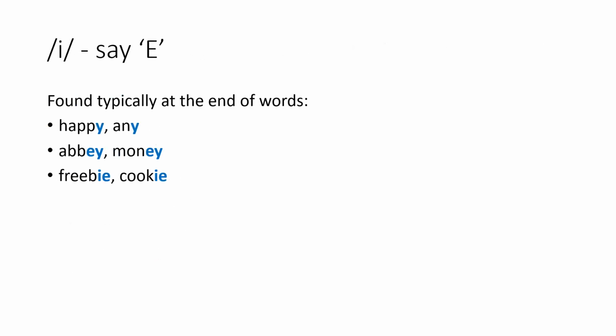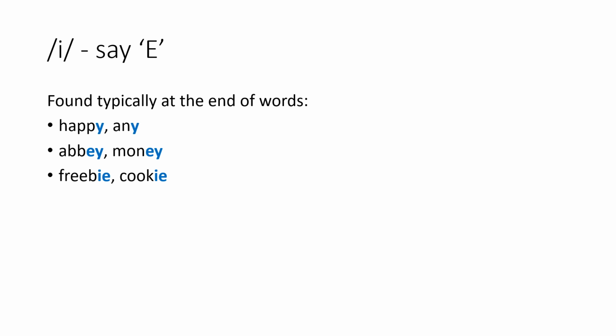And then there's the second short E sound, which is the short version of the long E sound. It is simply transcribed as the small letter I without the colon beside it. This short E sound is the familiar one to non-native English speakers. To make this sound, just say E. This second short E sound is typically found at the end of words.